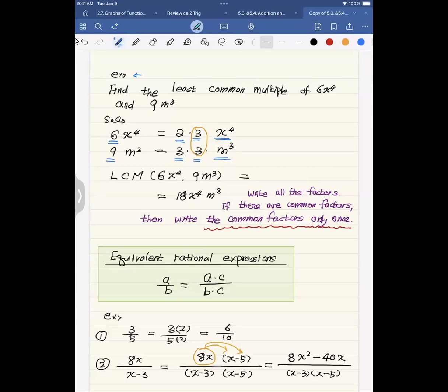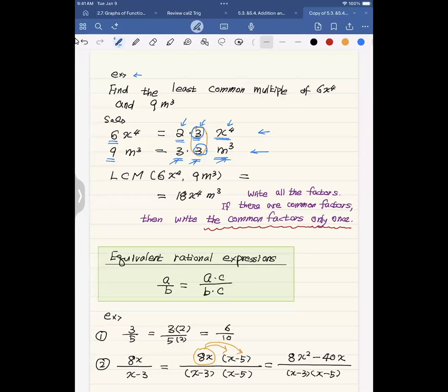When we figure out the least common multiple, we will essentially write all the factors that appear here, because that must be a multiple of the first one and the second one. However, if there is a common factor, in this case these 3 and these 3, and it appears in both, then we will write it only once.